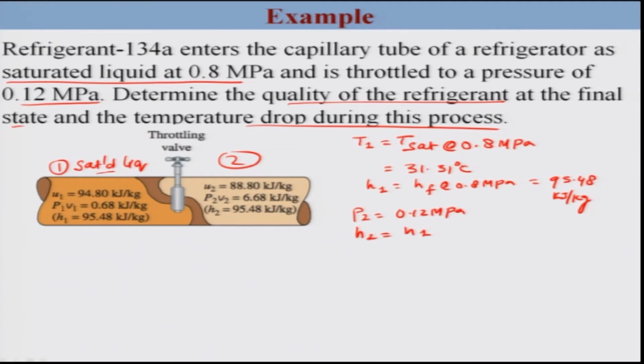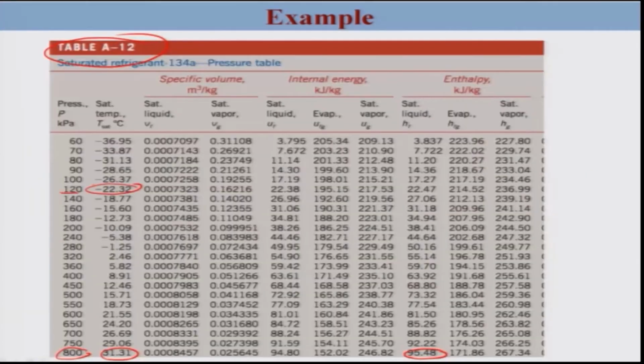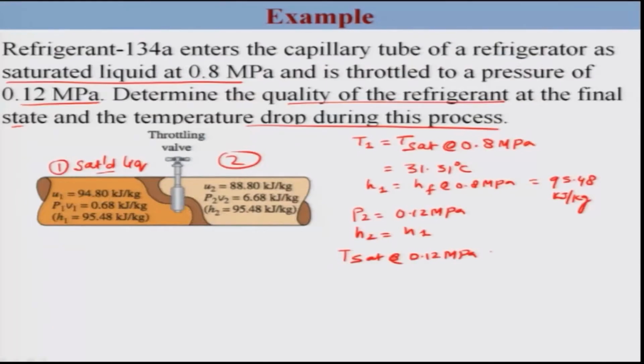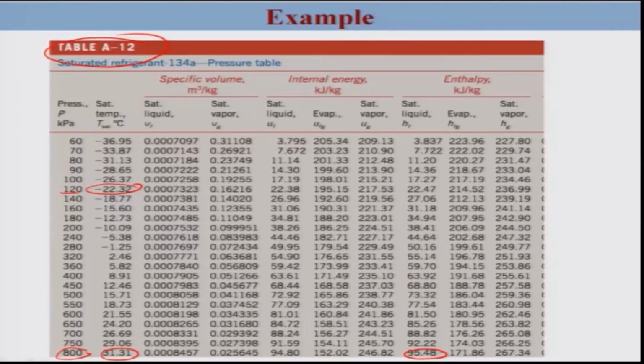The corresponding Tsat at 0.12 megapascal is minus 22.32 degrees Celsius, and the corresponding Hf at this pressure can be obtained here. Hf is 22.47 and the saturated vapor Hg is 236.99.